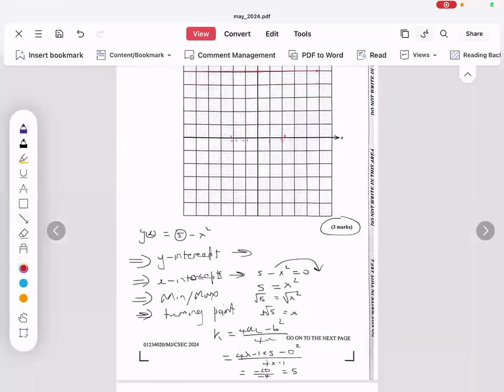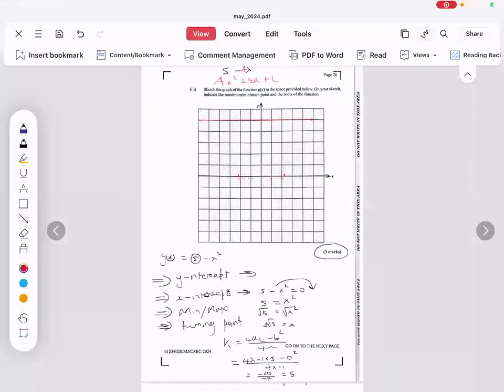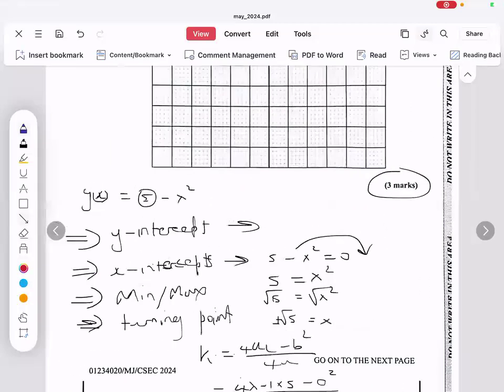Check the notes, guys. What did we say is the turning point? What formula did we use for the turning point? X equals minus B over 2A. Now, that was last class. Once you watch over the recording, it should be okay.